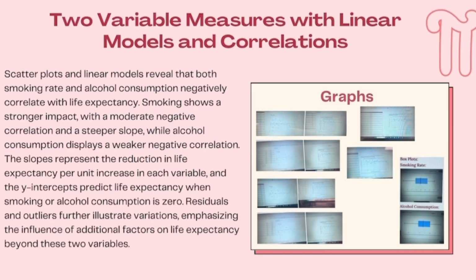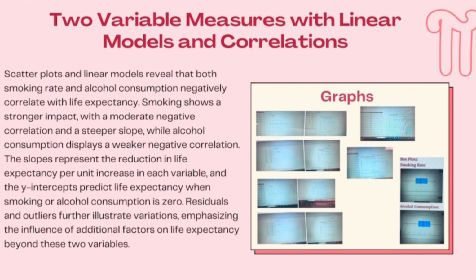In this task, I analyzed the relationship between life expectancy and two variables, smoking rate and alcohol consumption, using scatter plots, residuals, outliers, and box plots. I created scatter plots in the spreadsheet to visually examine the correlation between life expectancy and each of the independent variables.